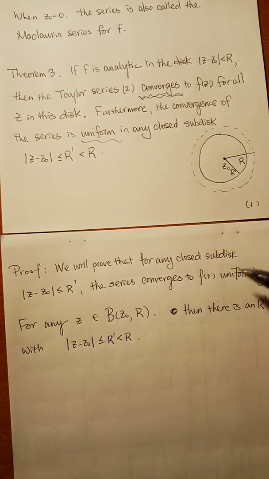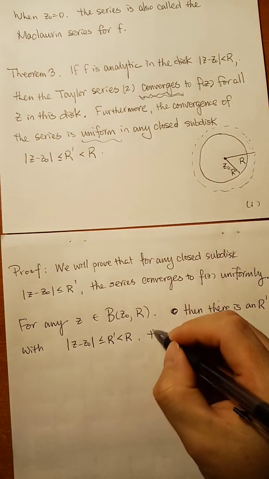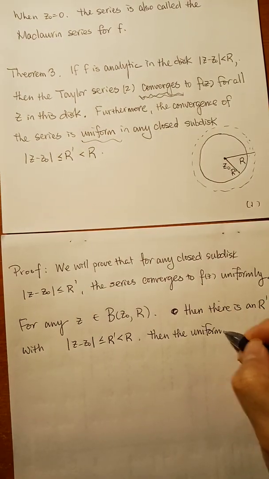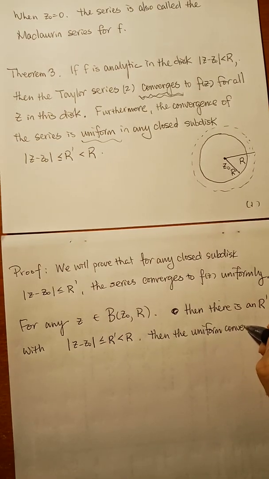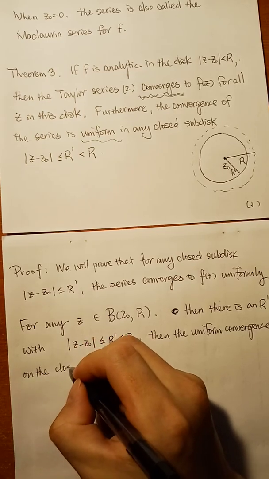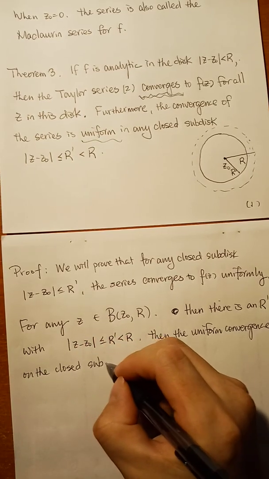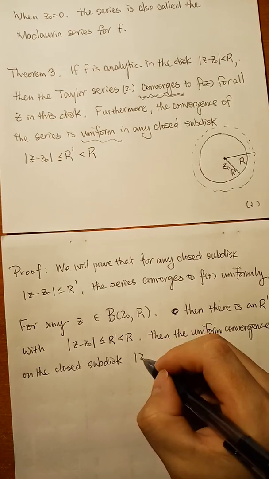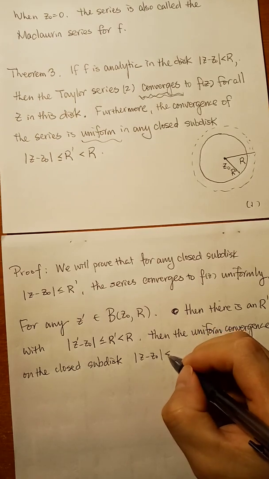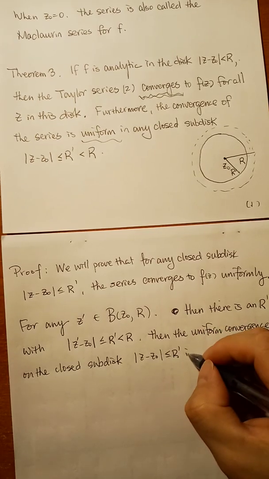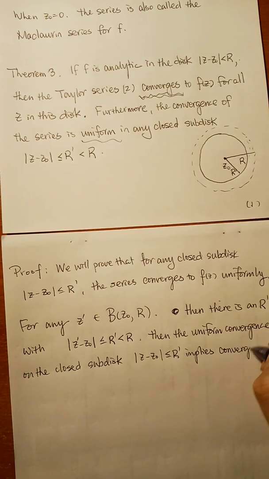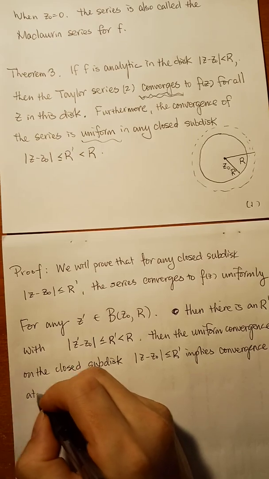So the uniform convergence on the closed subdisk, let's put z prime here, implies convergence at z prime.